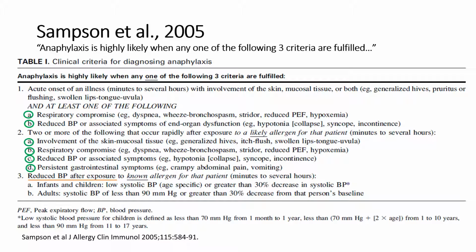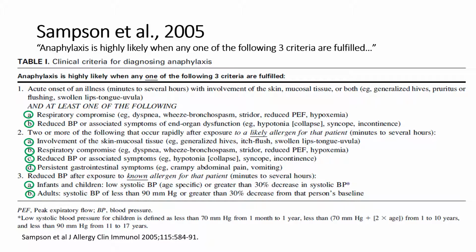So if a patient actually is known to be allergic or to have an immunogenicity response to a particular drug, and they present as infants or children with low systolic blood pressure, or as adults with a change in blood pressure that's defined as a 30% decrease from the patient's baseline or less than 90 millimeters of mercury in the systolic blood pressure, this is indicative of anaphylaxis, again, importantly, with the history of the patient.